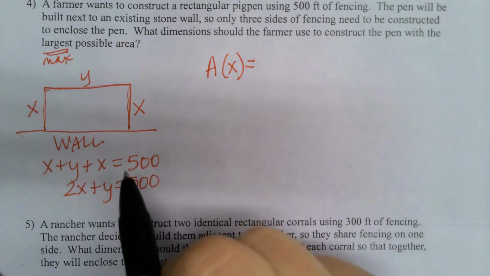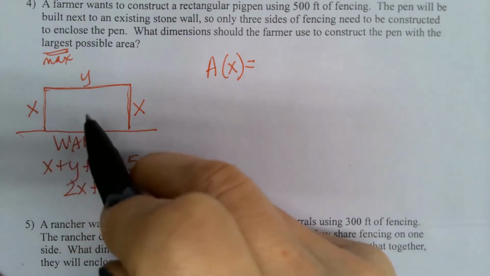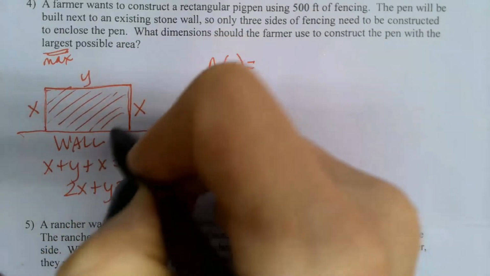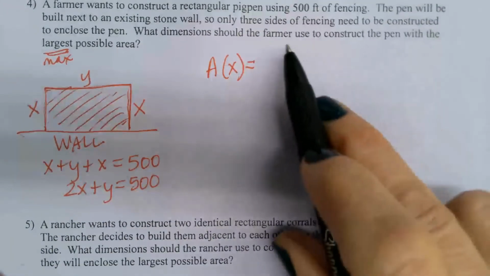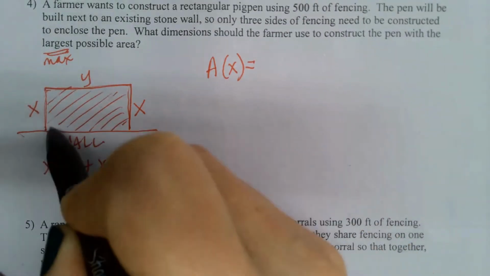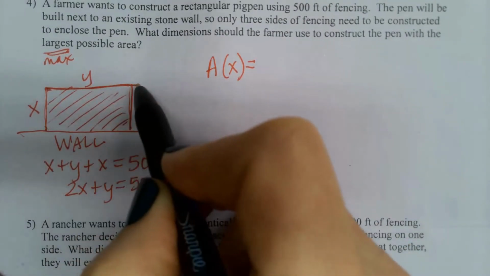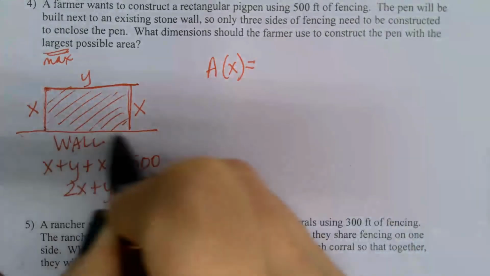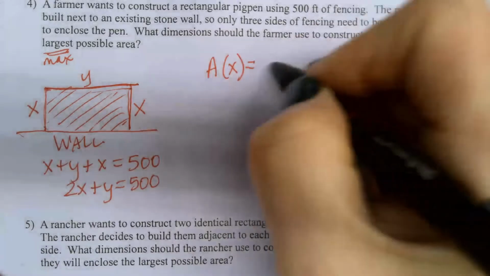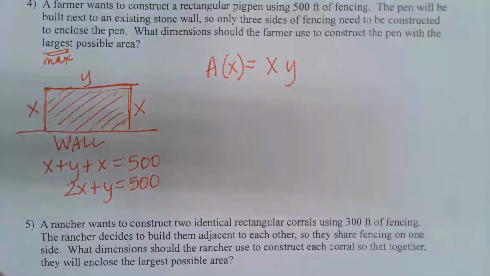And how do you find the area of a rectangular space? I'm trying to figure out how much space I have in here for whatever it is. What is he doing? A pig pen, okay? And so the area is the length times the width. And it doesn't even matter that there's a wall here. It still is a length times the width for the area in there. So xy is going to be my area.